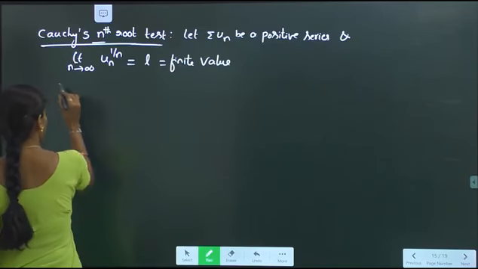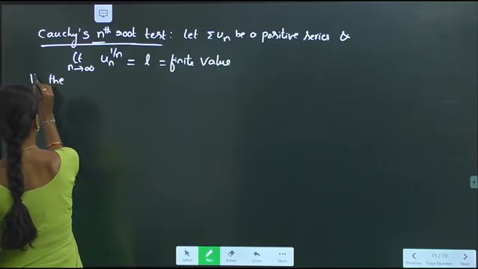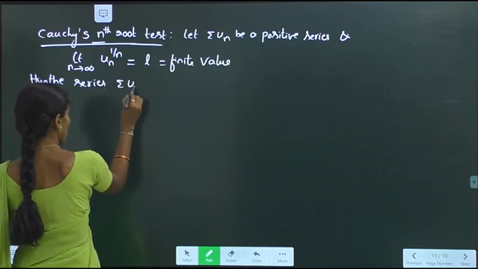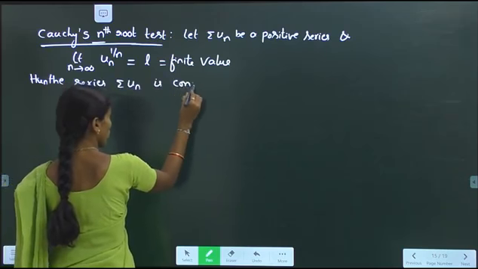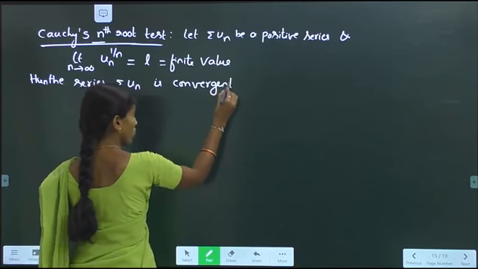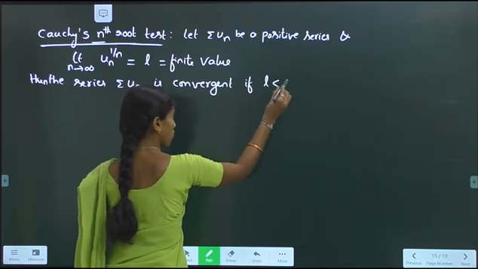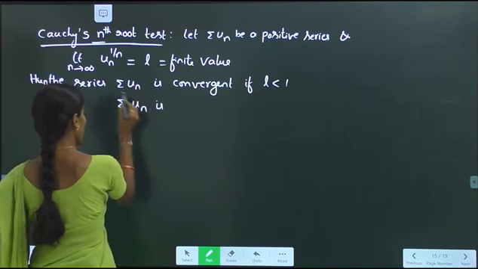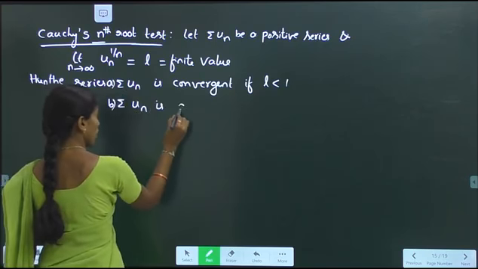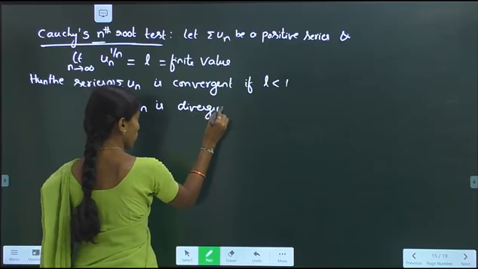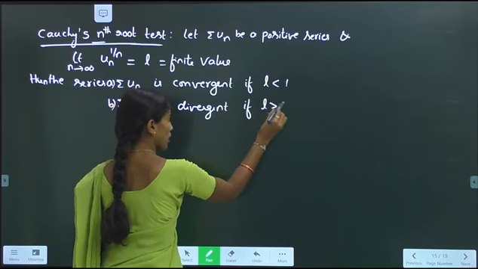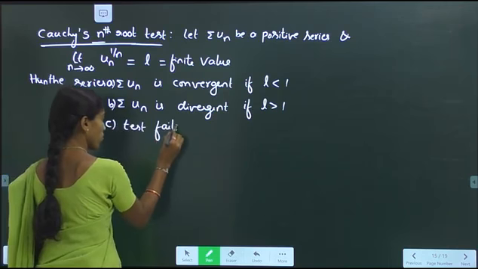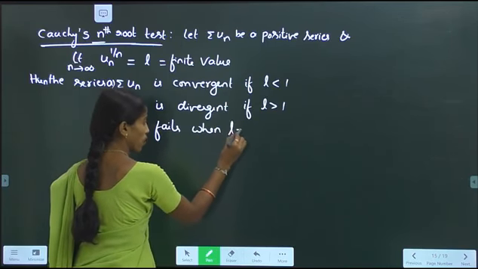Then the series sigma un is convergent if L less than 1, sigma un is divergent if L greater than 1, test fails when L is equal to 1.